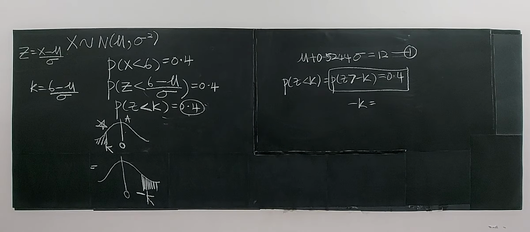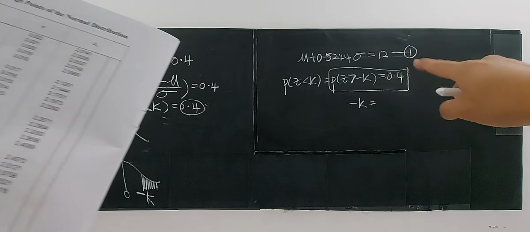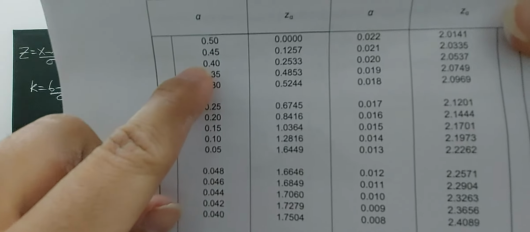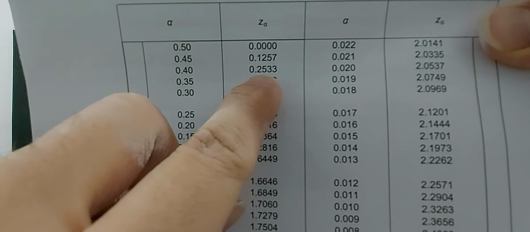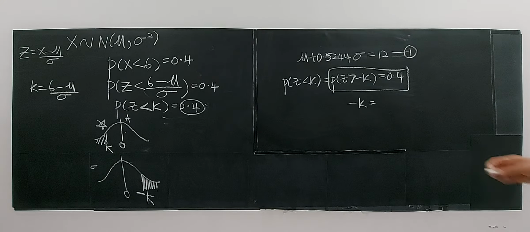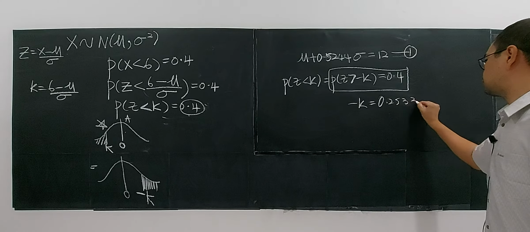So again, this is also using the percentage point because the value here is very nice, 0.4. So you can find from table 4 here, 0.4 corresponds to 0.2533.